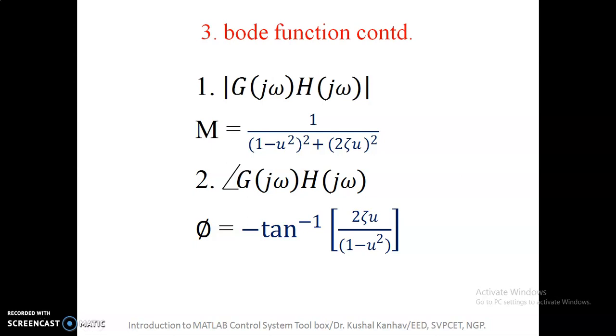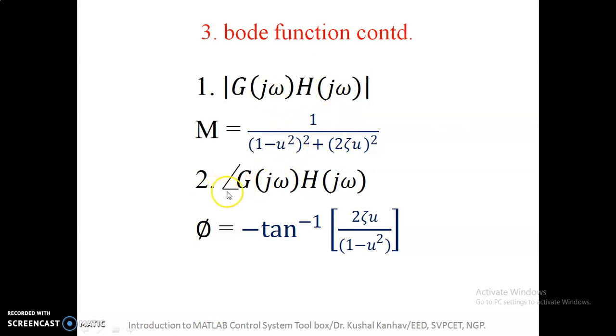Now the Bode plot has two plots. One is the magnitude plot and the other one is the phase plot. The magnitude plot is represented as the magnitude of G(jω)H(jω), that is nothing but G(s)H(s), where s is replaced by jω. This is how the magnitude is obtained from this function.